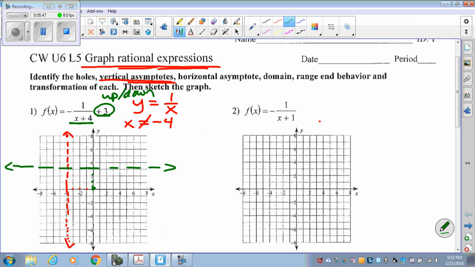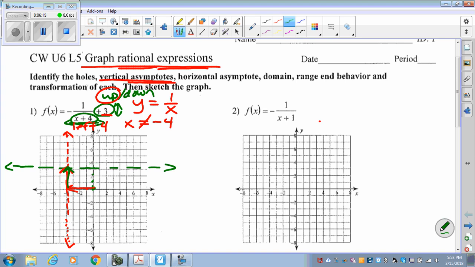And this is going to make it go left and right. This one's up and down, and if it's with the x, that's going to be a horizontal shift, so that made it go to the left 4. All right, so I went left 4, and then up 3.